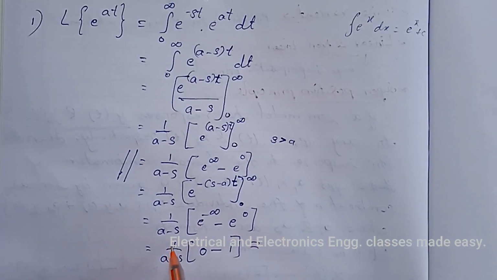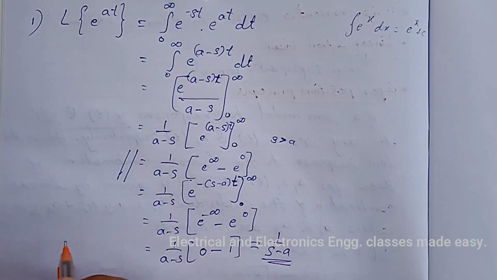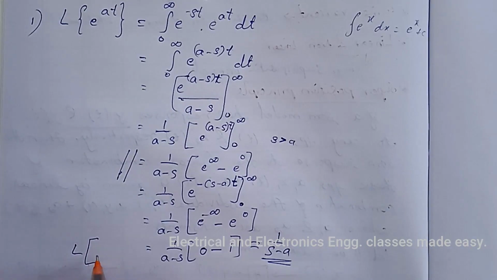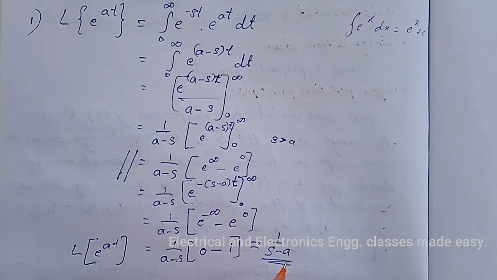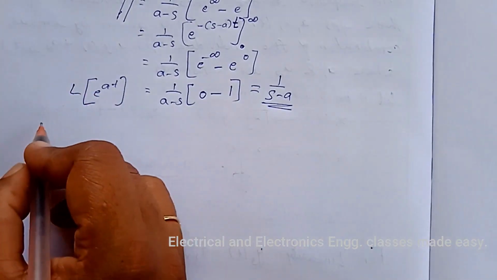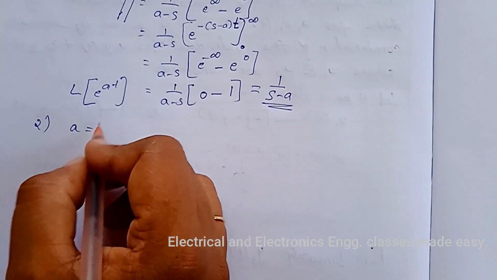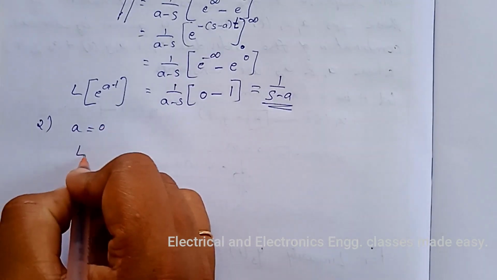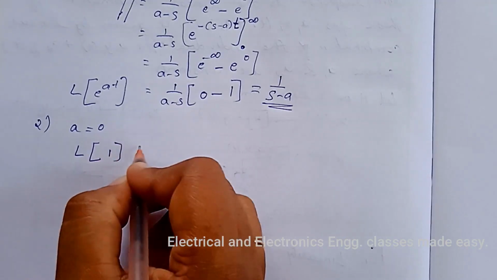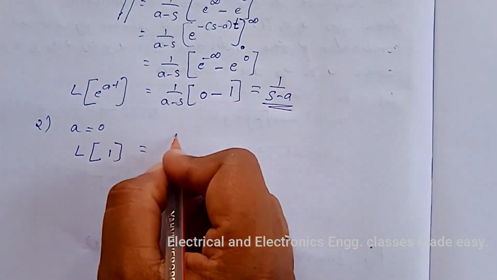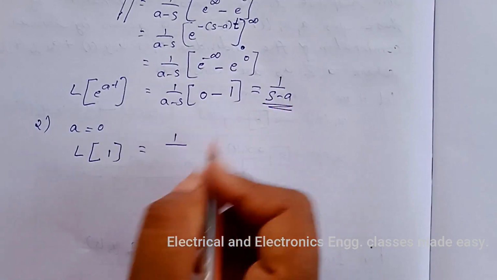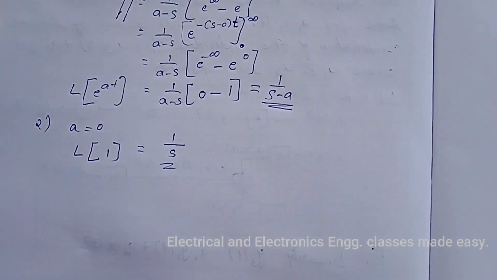So we get minus 1 by a minus s, that is 1 by s minus a. So the Laplace transform of e raised to at is 1 by s minus a. If we put a equal to 0, we get the Laplace transform of 1, which is 1 by s minus 0, that is 1 by s.